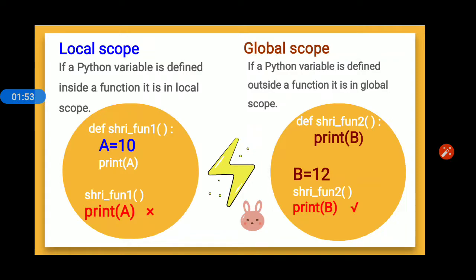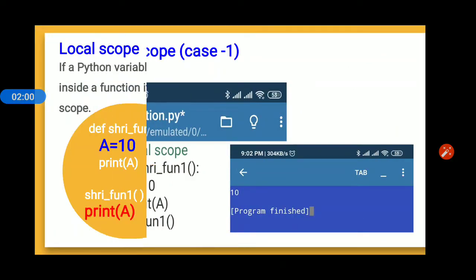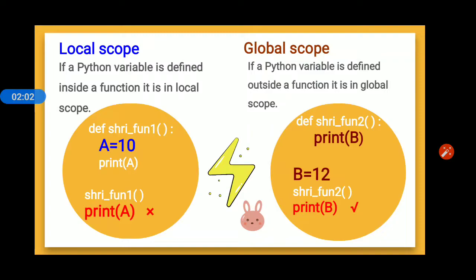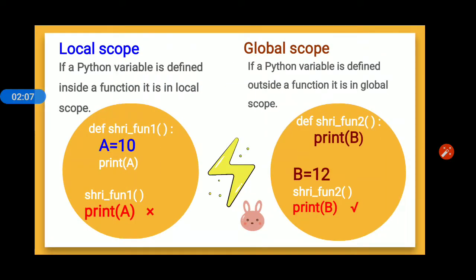Coming to the next part. See the next function, that is Shri_fun2. Here a variable b is defined outside the function, and it is known as the variable defined in the global scope.